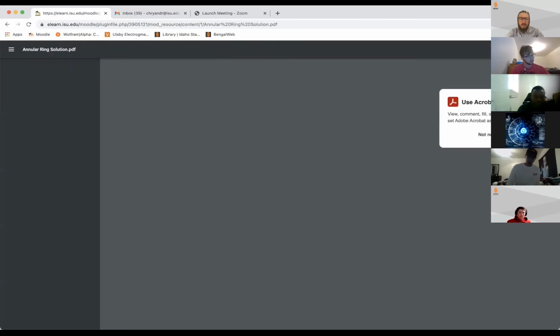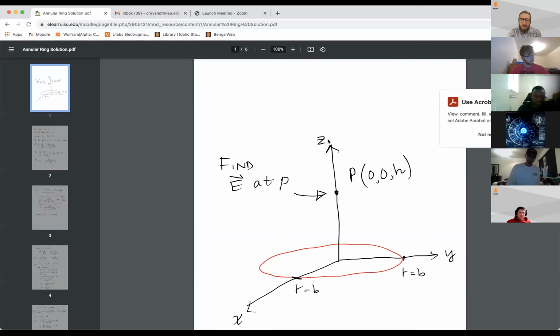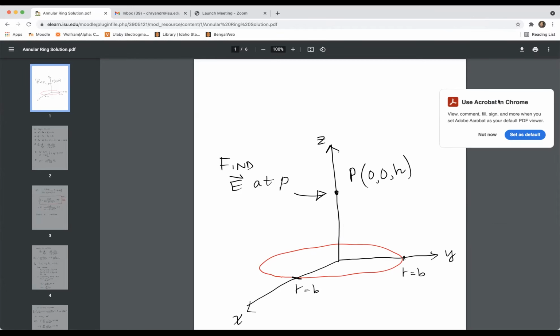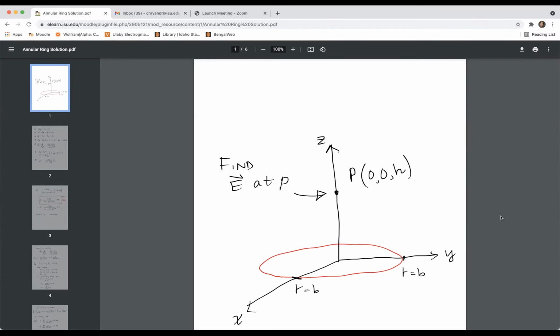This is a method for solving for the electric field of an annular ring that's centered in the XY plane, and you find the electric field at some point on the Z-axis. This is pretty similar to one of the homework problems, and this is also a classic electromagnetics problem. You probably solved this in your physics class in one form or another.